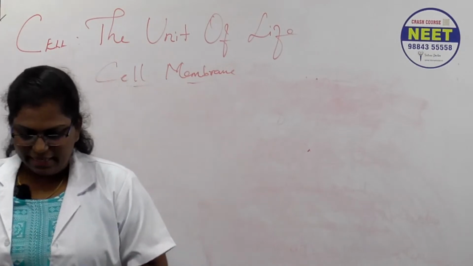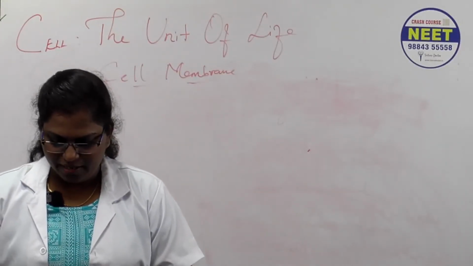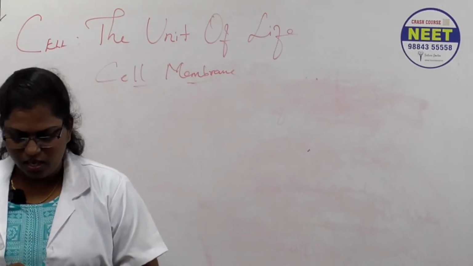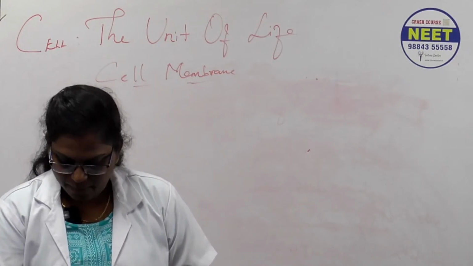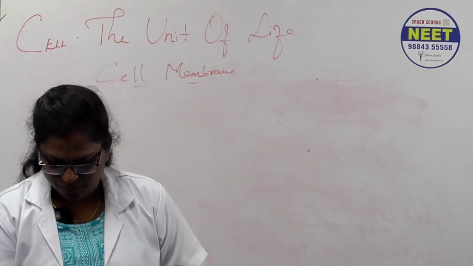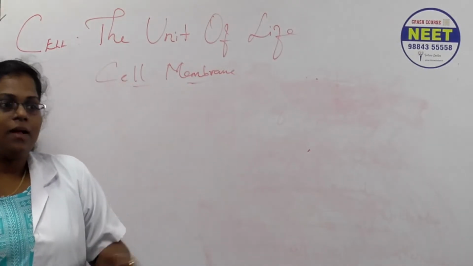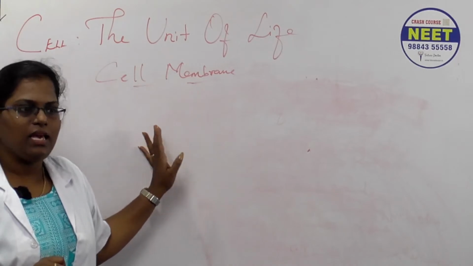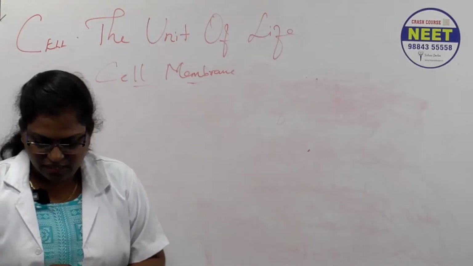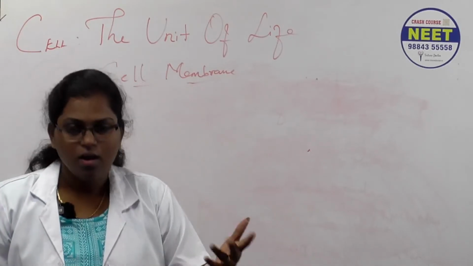Meanwhile, chemical studies on the cell membrane, especially in human red blood cells, that is RBC, erythrocytes, enabled scientists to deduce the possible structure of the plasma membrane.